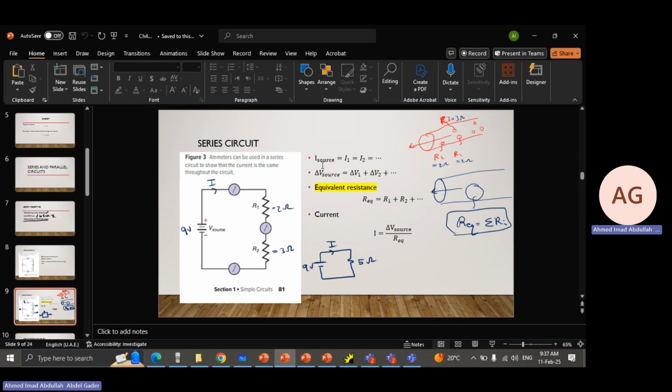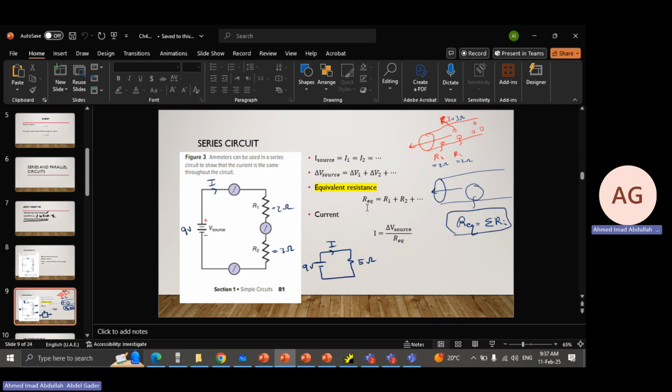The current, regardless of where you're looking in the circuit, is the same. The potential difference, the way I like to see it, is that the energy flowing into the circuit equals energy flowing out or being consumed. So delta Vs, S being the source, the battery, equals the potential difference being used, which is the potential difference of each individual resistance.